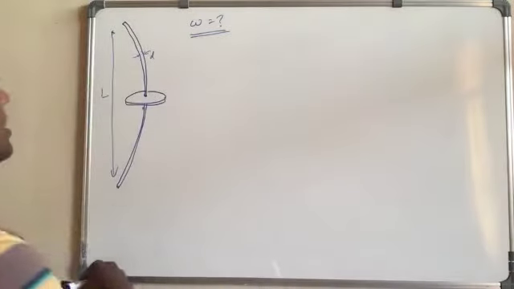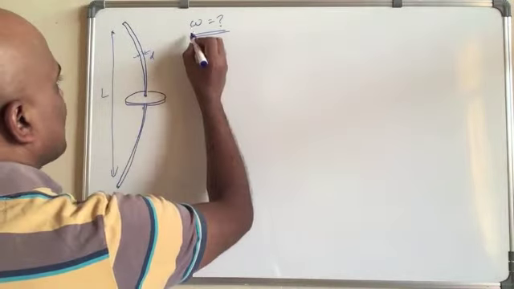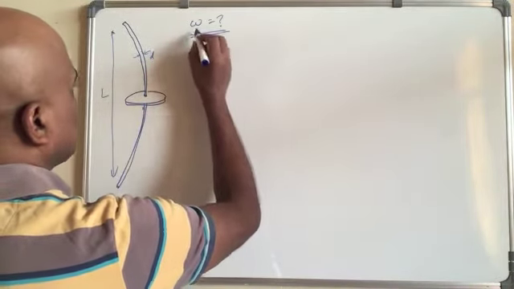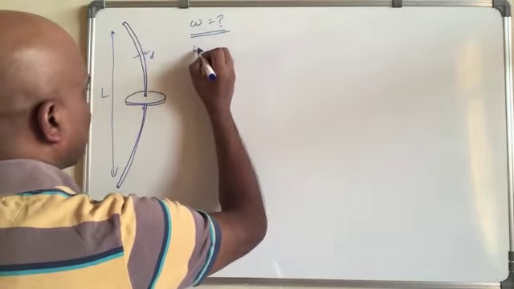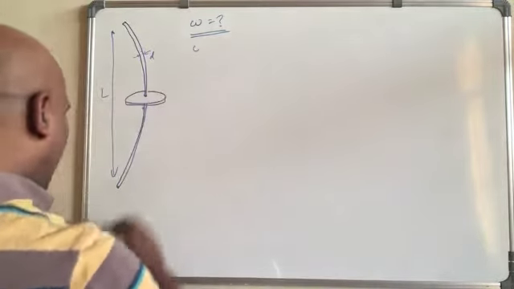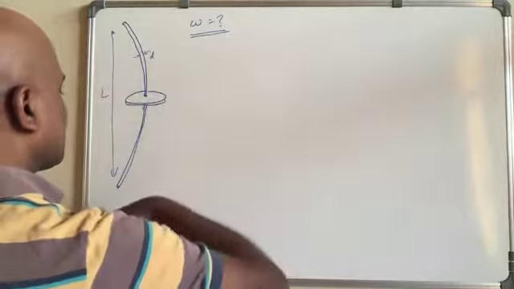The conditions were the rotating omega, the r, the distance.